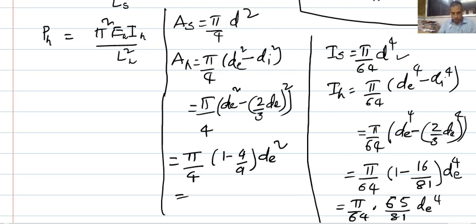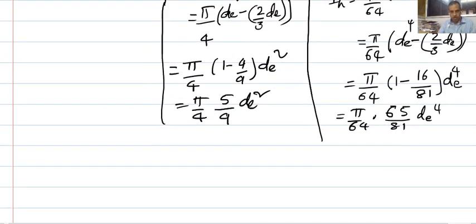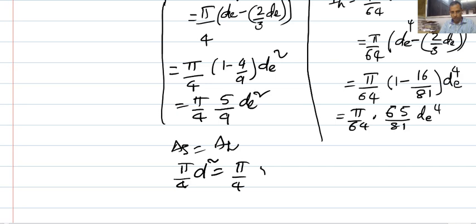So this equals pi by 4, 9 minus 4 is your 5 by 9, d e square. Now since areas are same, pi by 4 d square equals pi by 4, 5 by 9 d e square.